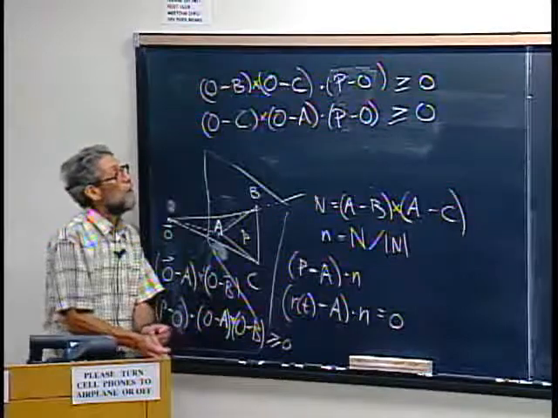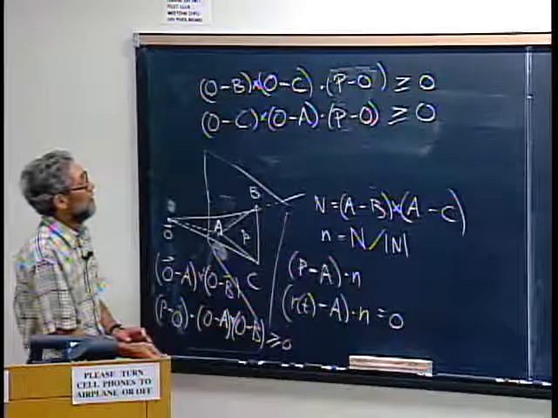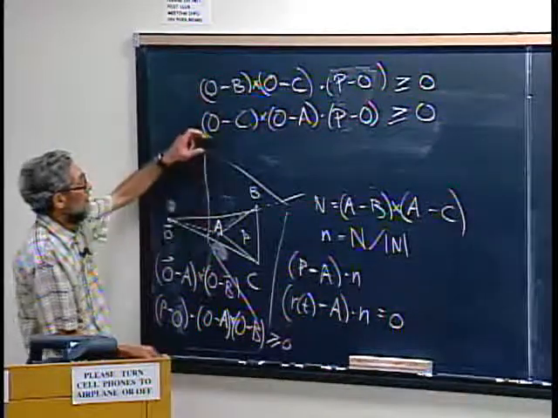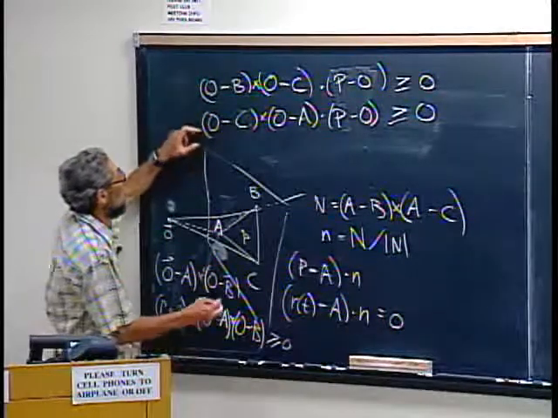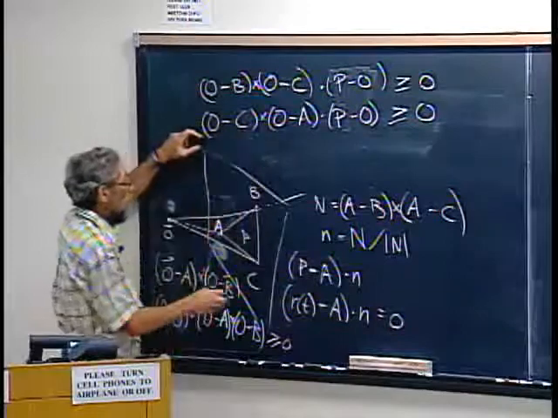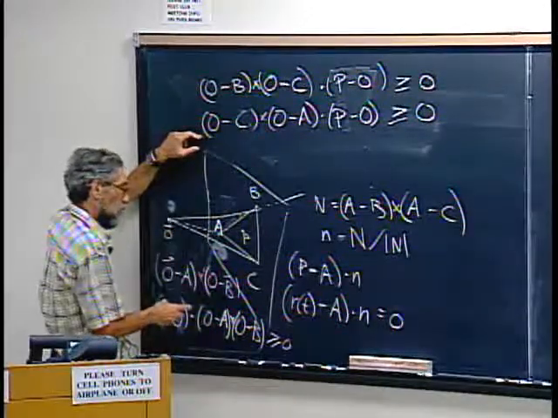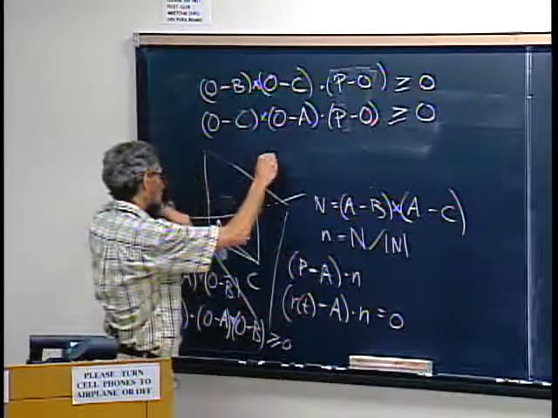So one way to think about that is to say, if we take each of these products and either multiply or divide by, how can I say it now?